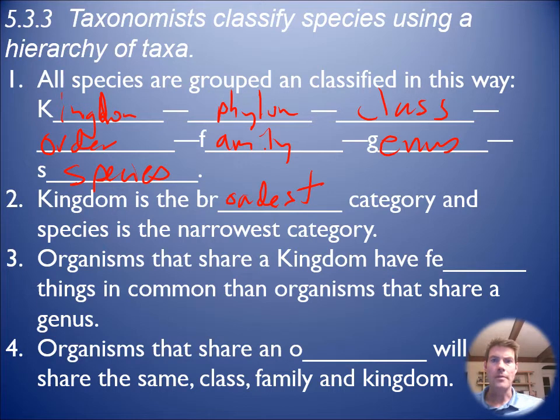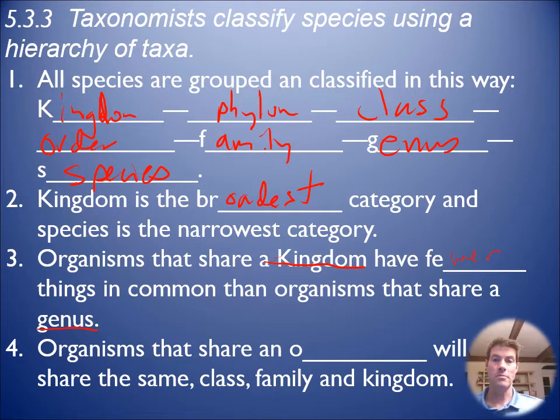So if you share a kingdom with something like I was talking about with insects and worms and rabbits, we're going to have fewer things in common than, say, if we share the same genus. Like, we don't have any other organisms in the same Homo genus now. We used to.